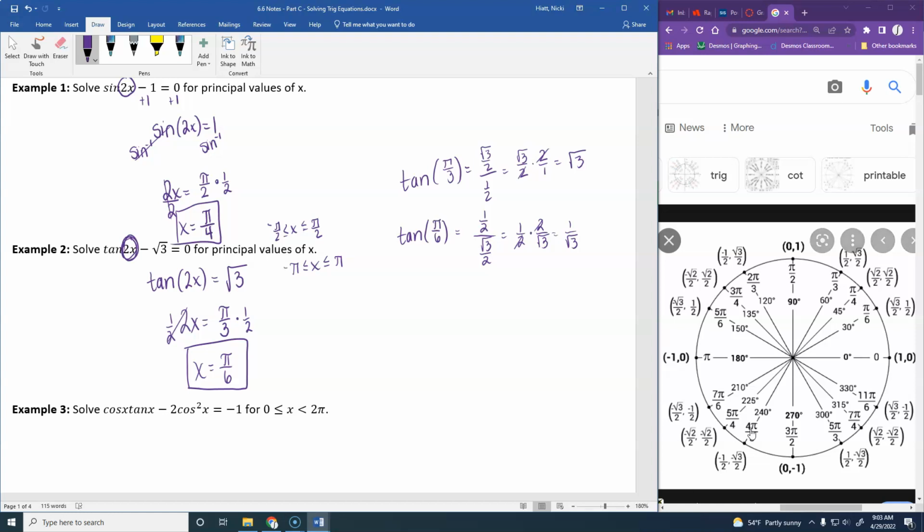Okay? Because 2 pi over 3 here is this distance, but if I go in the clockwise direction, that distance, so negative 2 pi over 3.